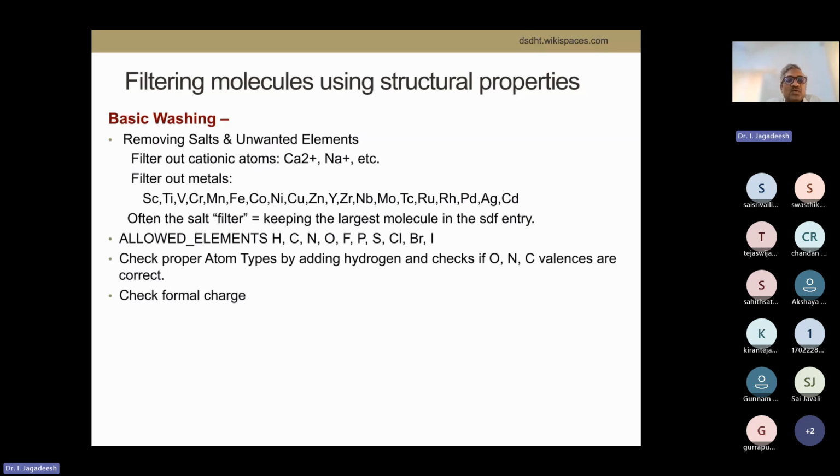Filtering out the cationic groups is also very important, because they are going to change the polar surface area based on their presence. So calcium, sodium, potassium, such compounds you have to drop. Filter out the metals like titanium, chromium.